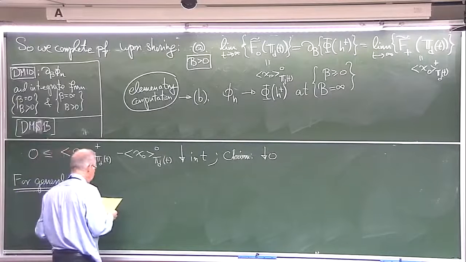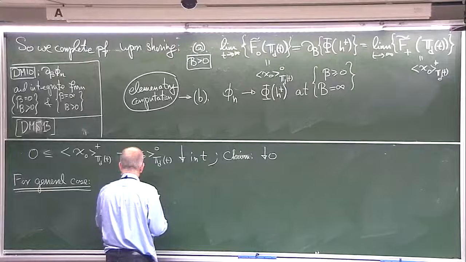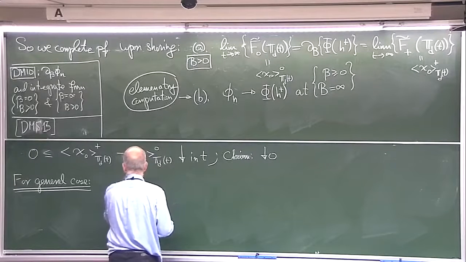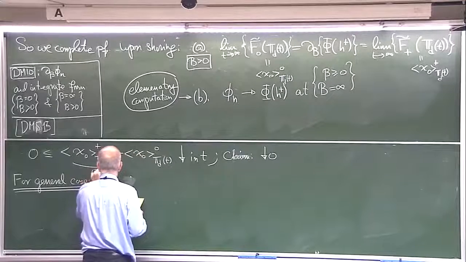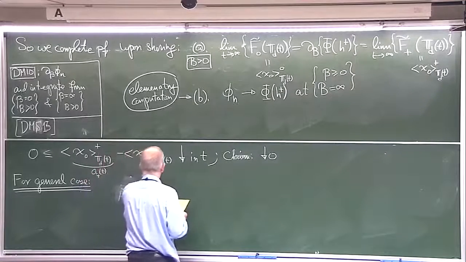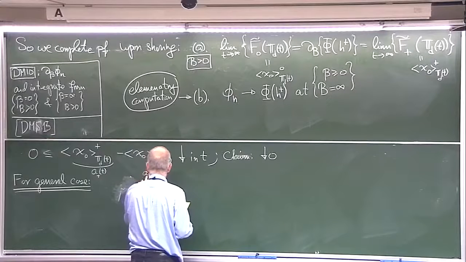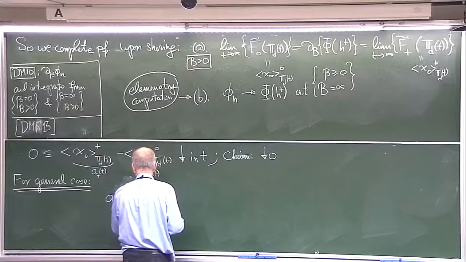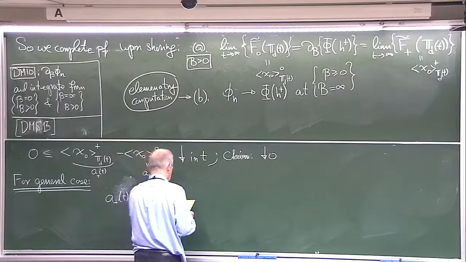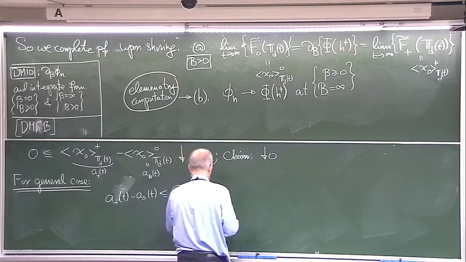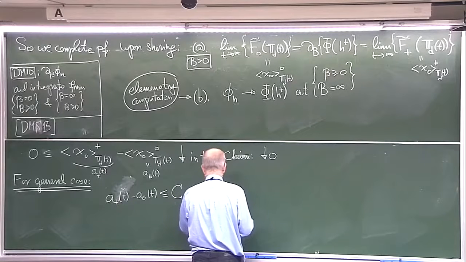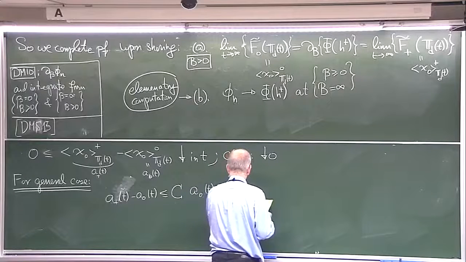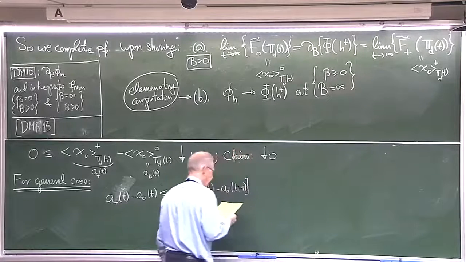What you can do, you want to prove, let me call this quantity A plus of t, and let me call this quantity A 0 of t. So you want to write that A plus of t minus A 0 of t is less or equal to a constant times A 0 of t minus A 0 of t minus 1.